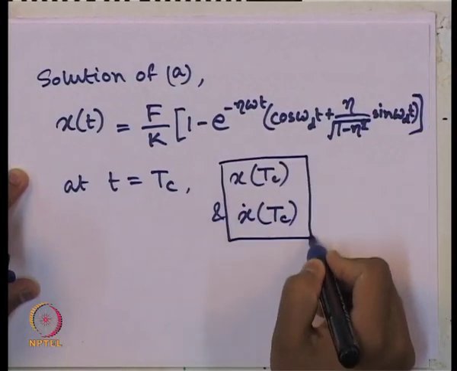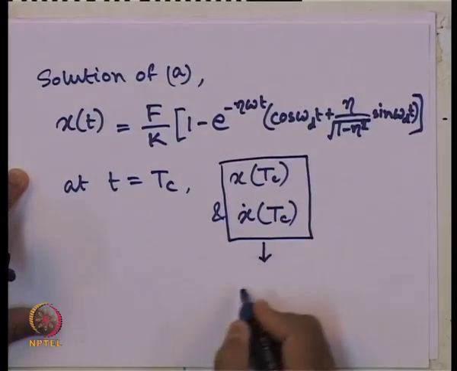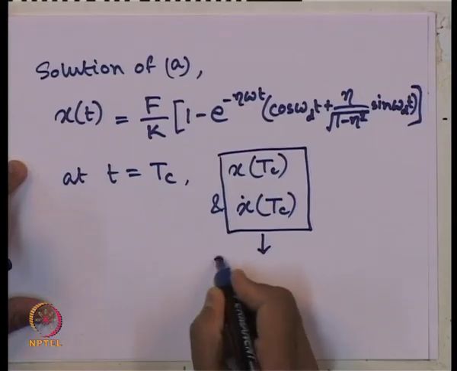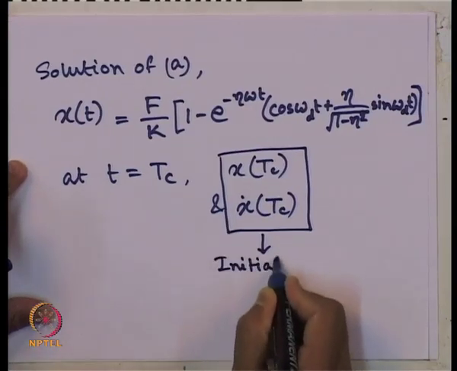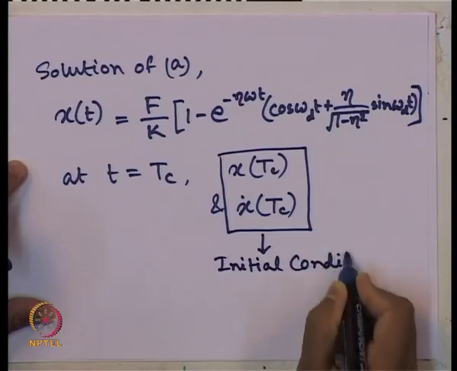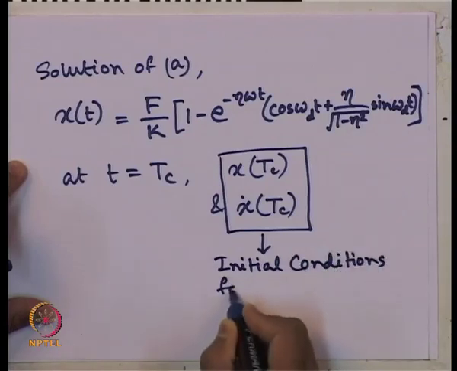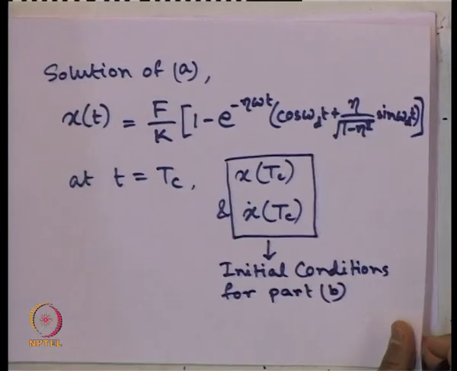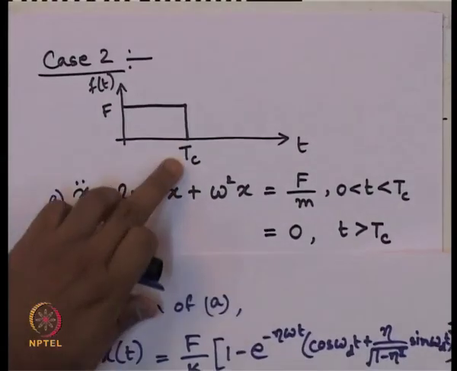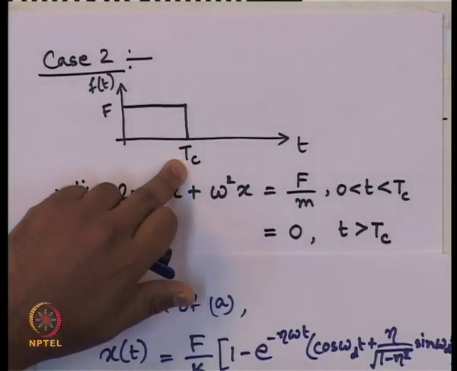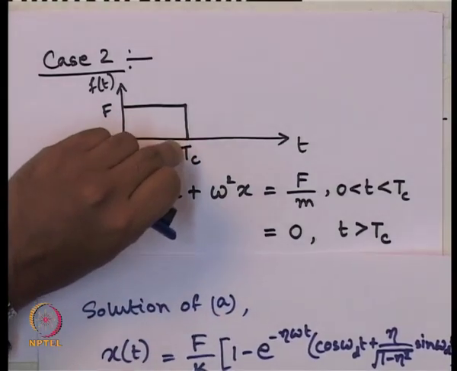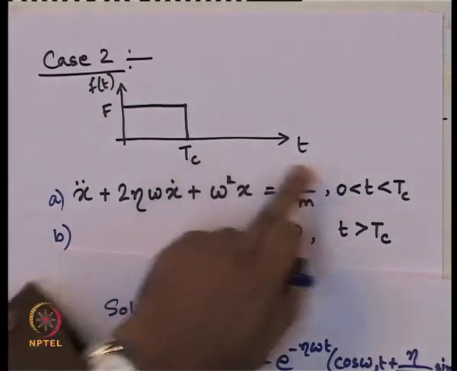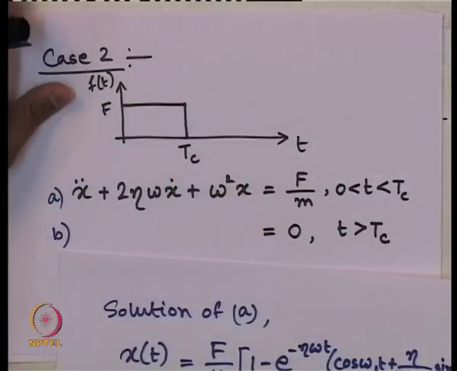These two are the initial conditions for part B, because look at the system here. When the time reached T c, whatever is the displacement and velocity at that point is nothing but the initial condition for the second part when it is vibrating freely.